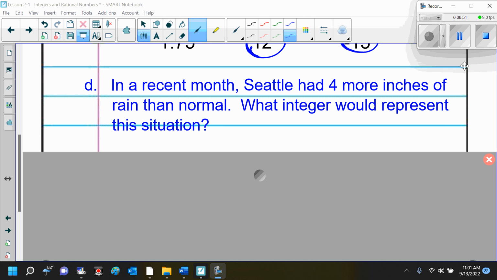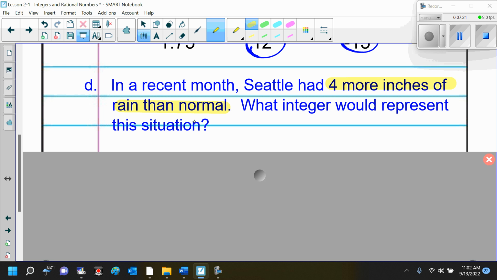So for this one, it says, in a recent month, Seattle had 4 more inches of rain than normal. What integer would represent this situation? Now, first of all, we want to write down the important information. So what is the important information in this situation? So here, the important information is 4 more inches of rain than normal. So normal would be at 0, right?